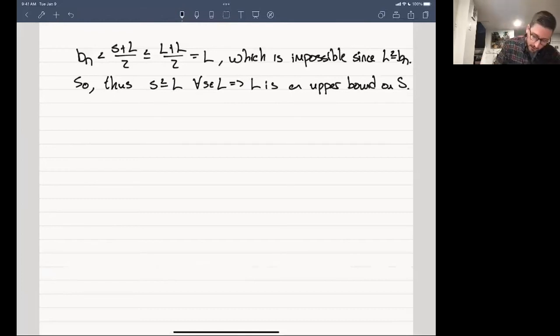Now finally, we want to show that L is a least upper bound.